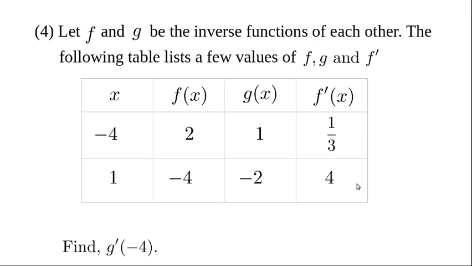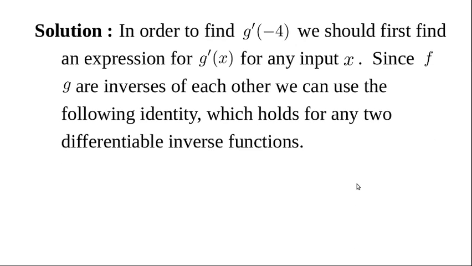And here we are asked to find g dash of minus 4. So in order to find g dash of minus 4, let us find an expression for g dash of x for any input x. Since f and g are inverse functions of each other, we can use a simple identity, that is f of g of x equal to x. If f and g are inverse functions of each other, then it is always true that f of g of x is equal to x.